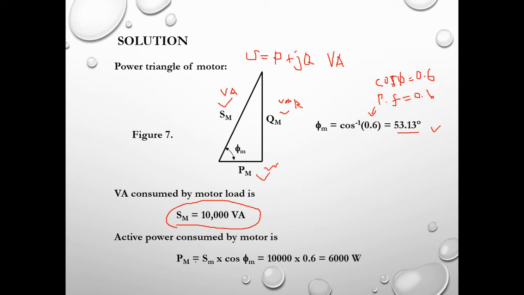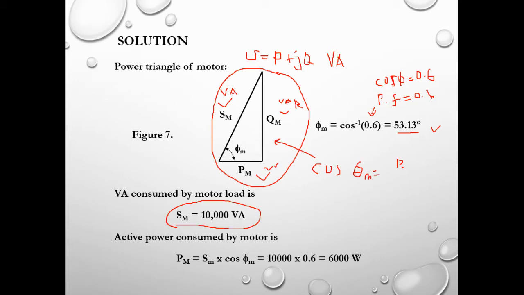Active power consumed by the motor is PM equal to S cos theta M. This is from trigonometry theory. If we write the relationship in terms of trigonometry, cos theta M is equal to PM over SM, according to this triangle.